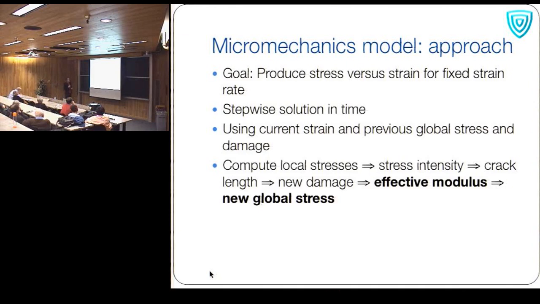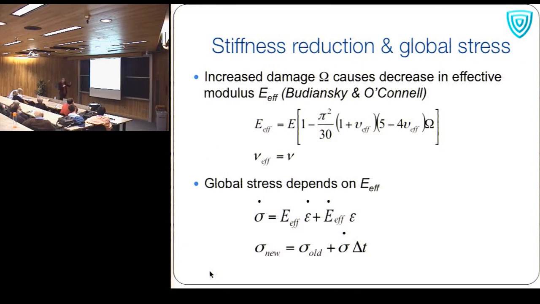So the next thing we do is take that new damage, figure out an effective modulus, and use that to calculate our global stress. Then we're done. We can go to the next step. So again, a simple model just for argument here is a Budiansky and O'Connell model that assumes a fully isotropic material.